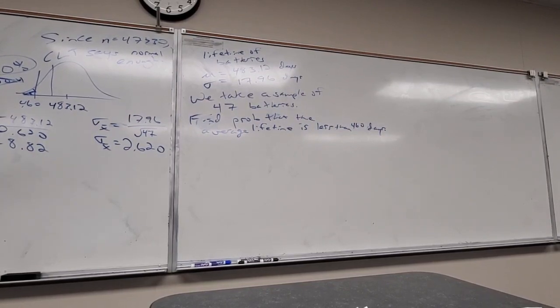Who remembers? 1 step was 68%, 2 steps 95%, 3 steps 99.7%. So there's 0.15% outside of negative 3. So how much is there outside of negative 8.0? Is it exactly 0? No, but it's 0.0000002 or something crazy.